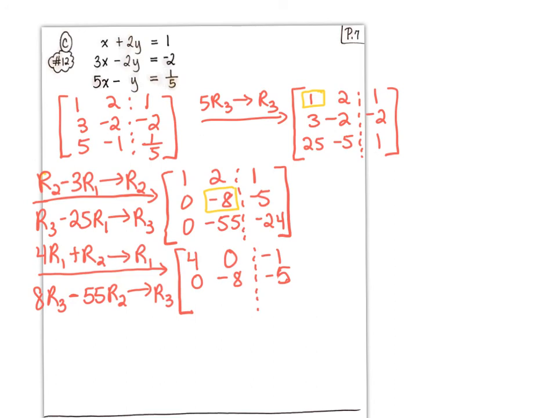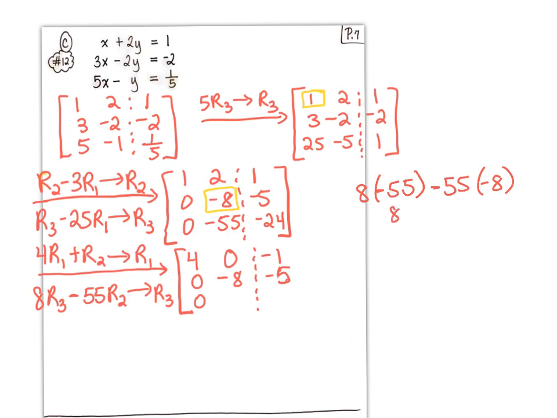Okay? So, using it, 8 times 0 minus 55 times 0 is what? 0. Good. Now on the side you have 8 times negative 55 minus 55 times negative 8.